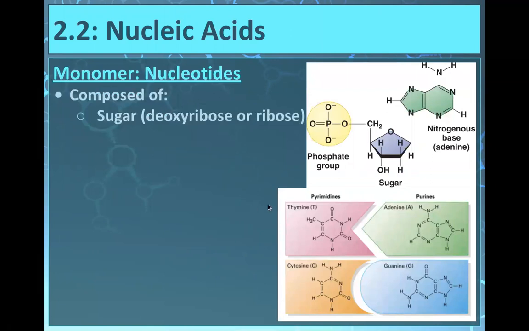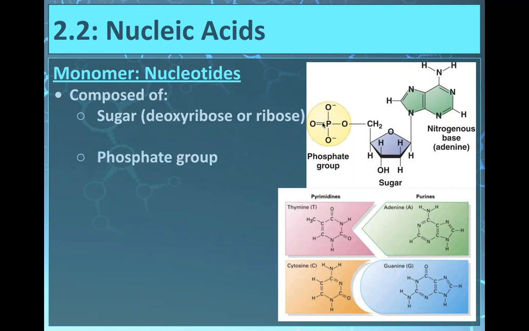Okay, so a nucleotide, like I said, is composed of the sugar. It's either ribose in RNA or deoxyribose in DNA. So the main difference between deoxyribose and ribose is that ribose has all of its oxygens. Deoxyribose has 1 less oxygen.